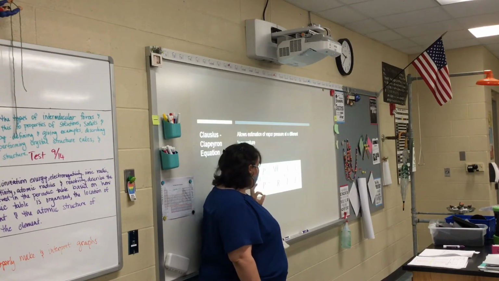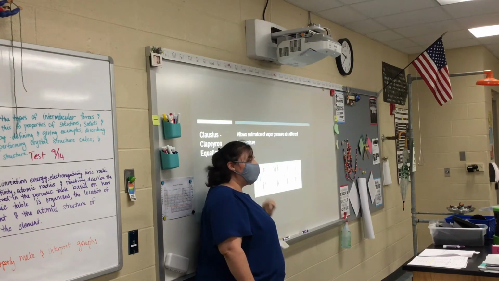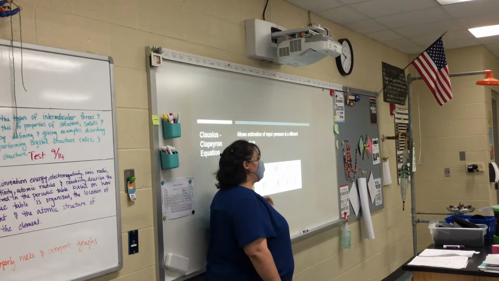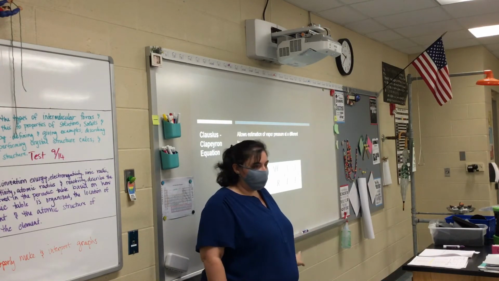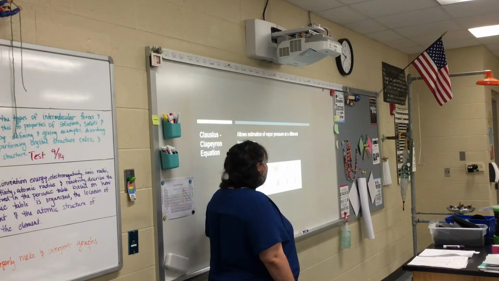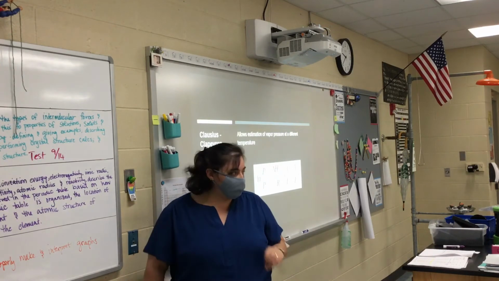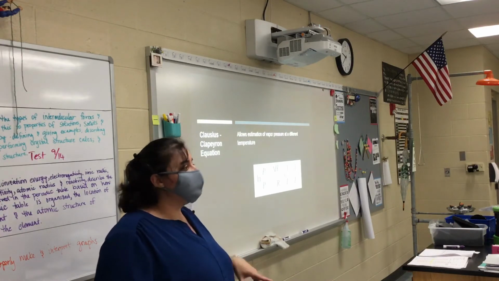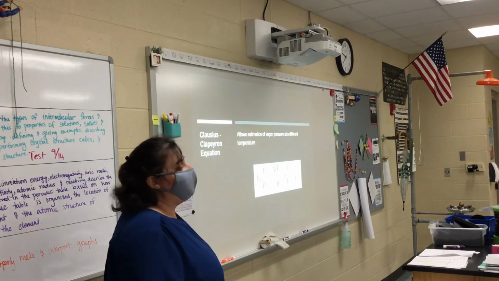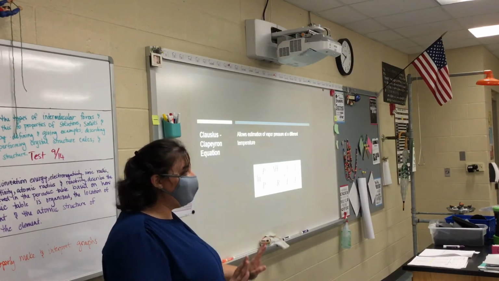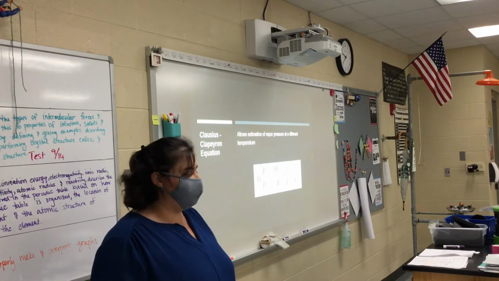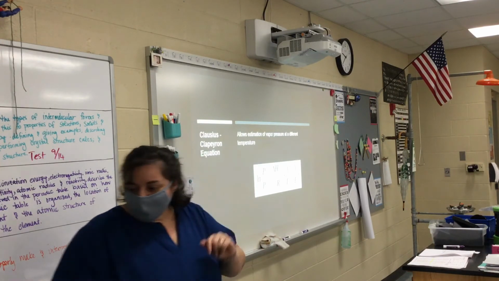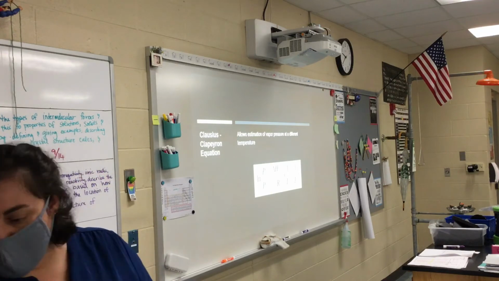If we know the vapor pressure at a temperature, we can estimate what it would be at any other temperature. I'm going to say that one more time. If we know the vapor pressure at a temperature, we can use this Clausius-Clapeyron equation to estimate the vapor pressure at any other temperature.